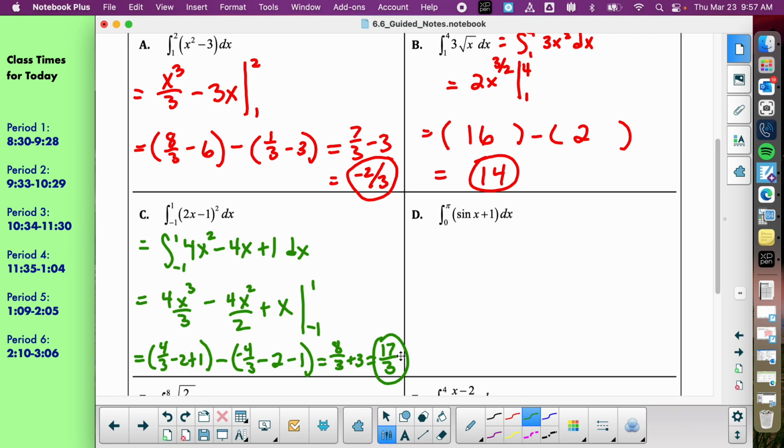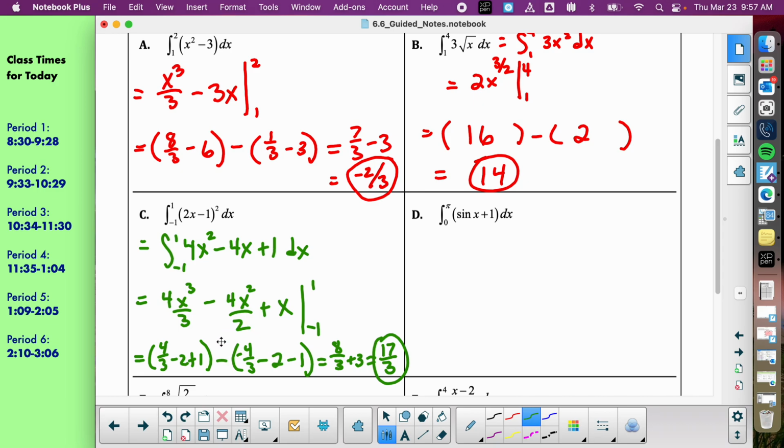Are we feeling okay about that problem? Did I add it wrong? That's 100% possible if I have the answer wrong. I thought it was 14. Is the 8/3 wrong? Oh, is it plus 2? Negative 2 plus 1 is negative 1.